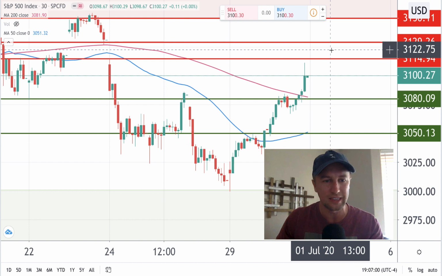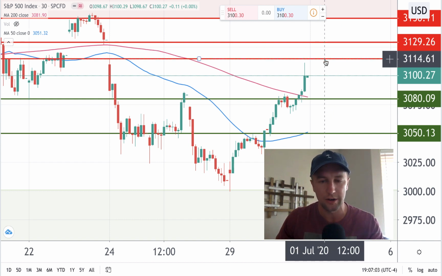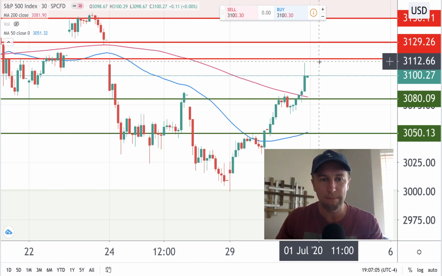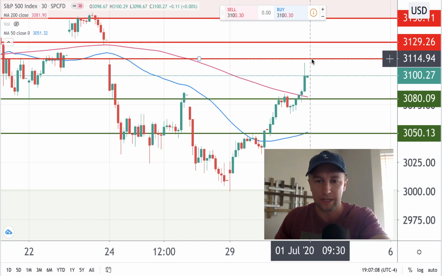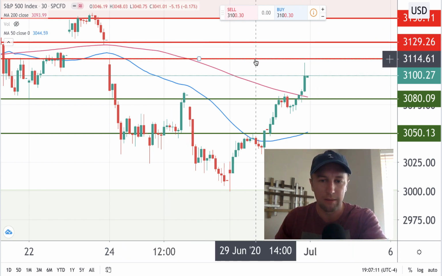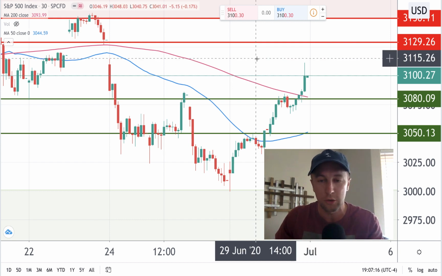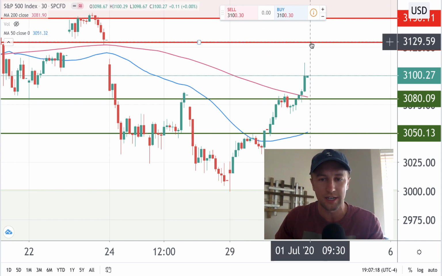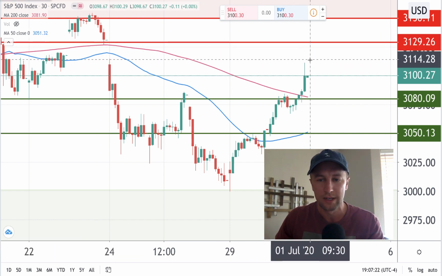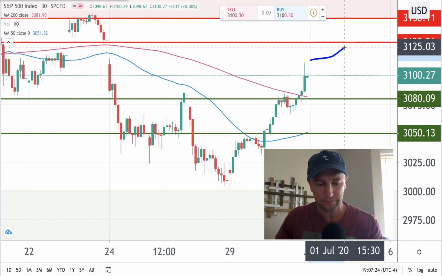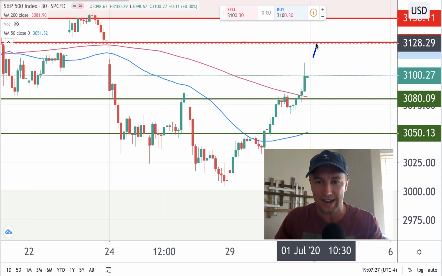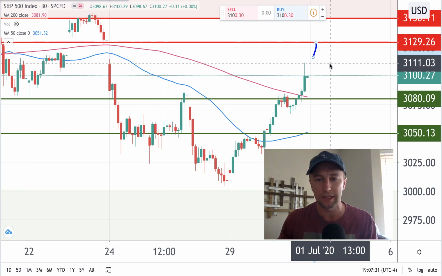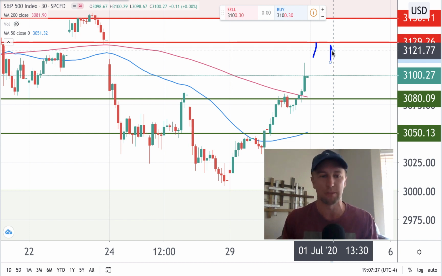So keep an eye on these levels. If you are an intraday short trader and you want a short-sided entry, it's going to be interesting to see how this plays out. It depends on what time frame you trade from, but if you're trading the 5-minute time frame, or even smaller, the 1 minute or the 2 minute, and the price reaches this 3130 area in one big fast stretch up, then you could potentially fade the position in a quick trade, because typically when you get an overextension into an area of resistance, you get some sort of pullback, and you could capture some pretty quick profits.